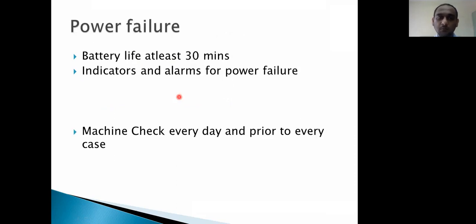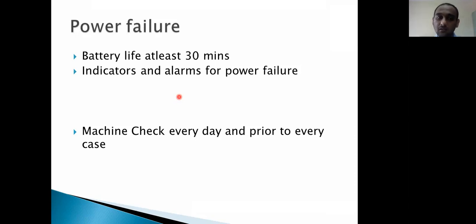Now, in case of power failure, as I have already told, at least 30 minutes of battery life is mandatory, so that all components of the anesthesia machine keep functioning for at least that period of time. Since everything is integrated, a failure of the anesthesia workstation can lead to a critical failure of providing anesthesia and ventilation.